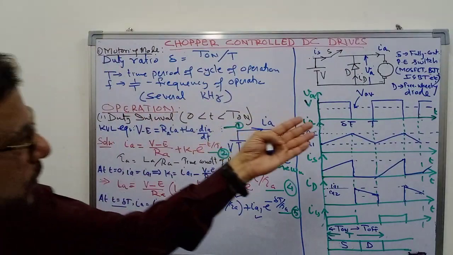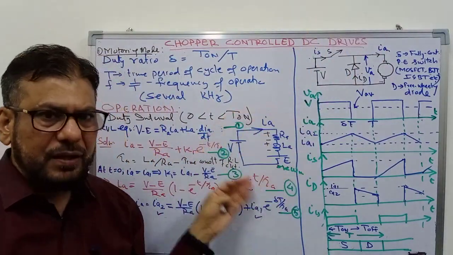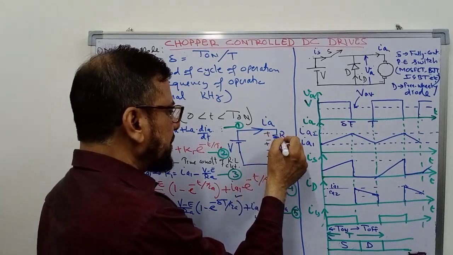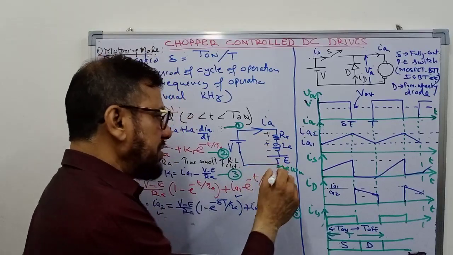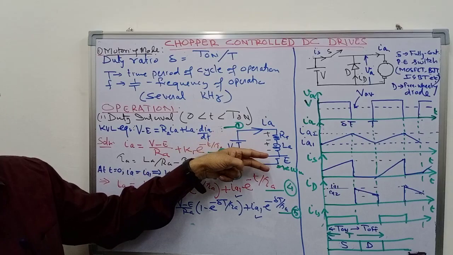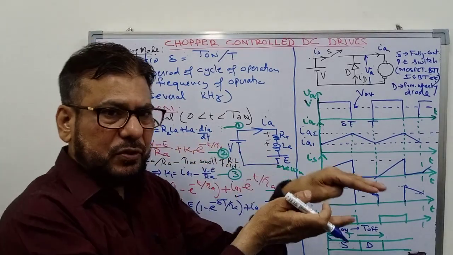Earlier the current was flowing through this circuit, and this was the situation. That is, the polarity of the voltages across resistance and inductance, current was rising. So dIA by dt was positive, so this voltage was also positive, and energy flow was somewhat like this. The energy is coming from the source.